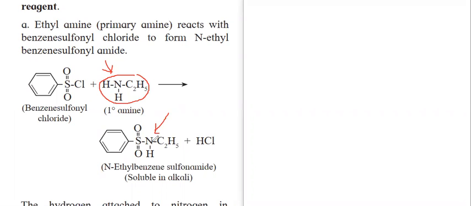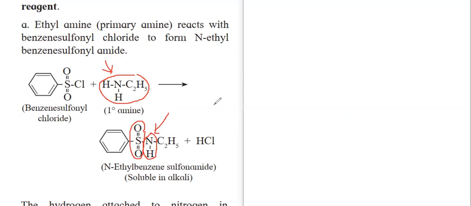See, this is the ethyl, this is benzene sulfonamide, and it is an amide group. Why amide group? Sulfonamide means this is the sulfur group, SO2, and this is the NH group.